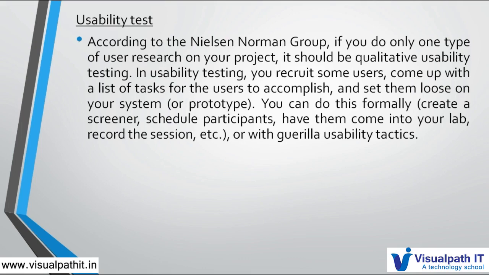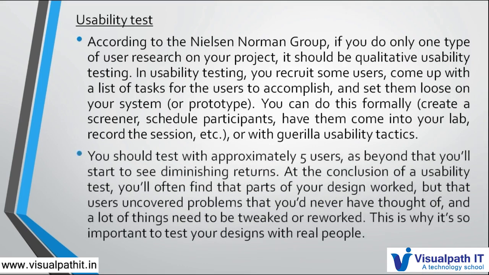You can do this formally: create a screener, schedule participants, have them come into your lab, record the session, etc., or with guerrilla usability tactics. You should test with about five users, as beyond that you will start to see diminishing returns.